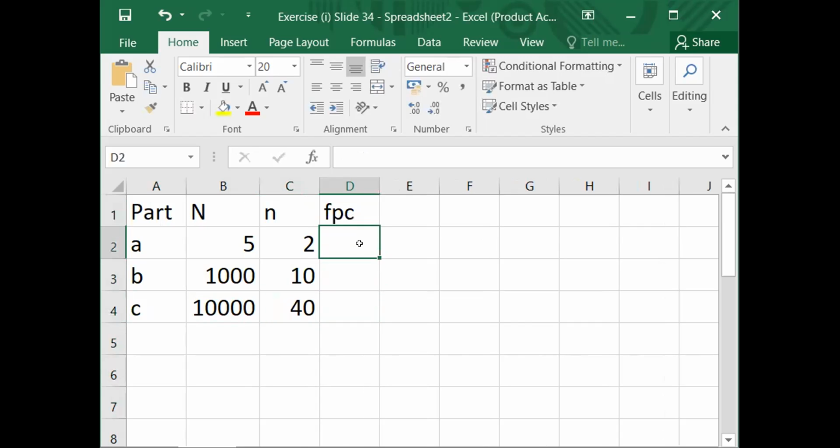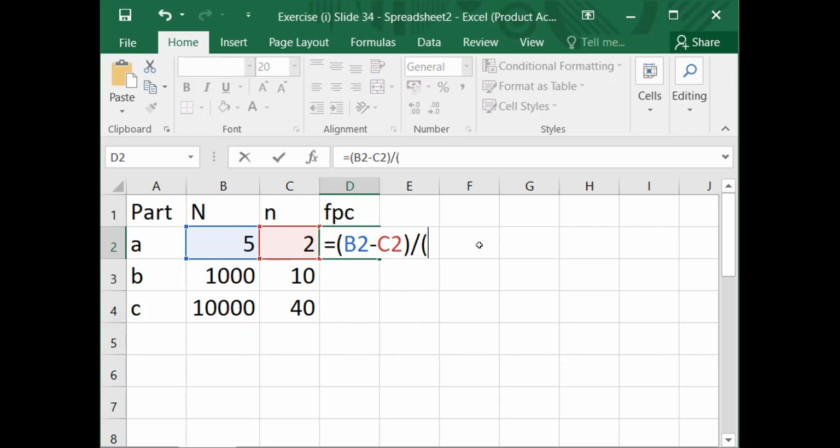Now in the next column, which is the column of the FPC, we have to put the formula of the FPC. The formula of FPC is equal to N minus n, it is 5 minus 2, divided by capital N minus 1. This is the formula of FPC.